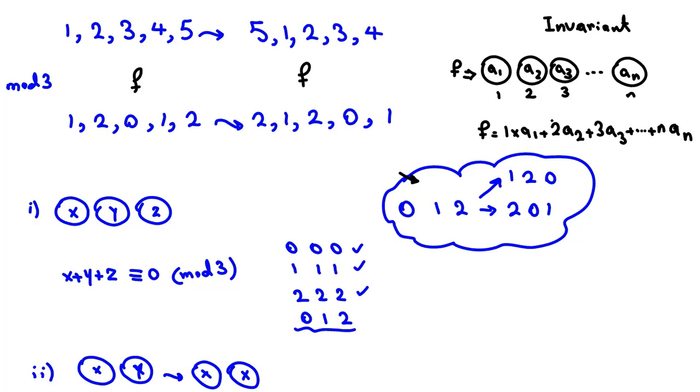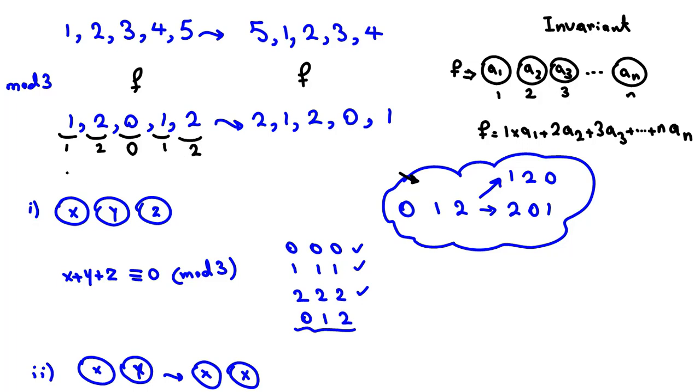Now, let's see for this example, then we generalize for general n, 3k plus 2. Here, we consider f mod 3. This is the first place, the second place, third place you can say it is 0. Fourth place, again you can say it is 1. Fifth place, it is 2.